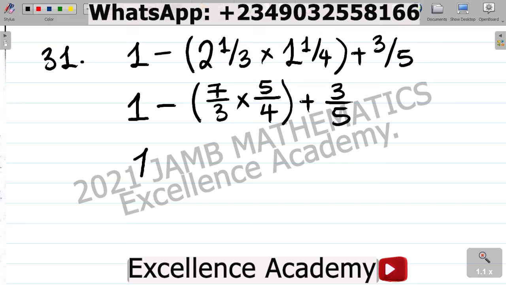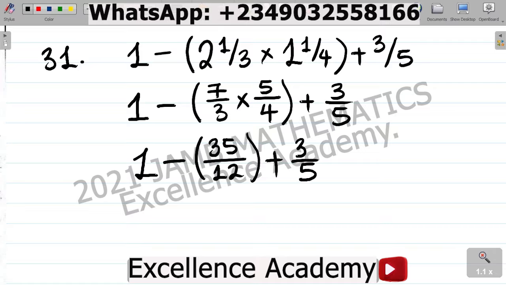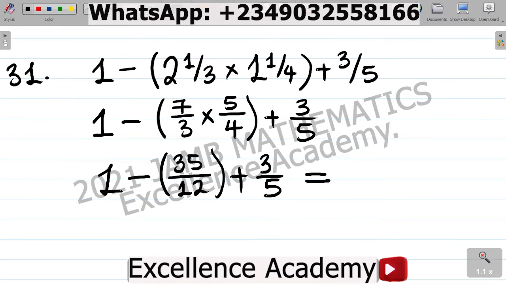Proceeding, this becomes 1 minus, multiply numerators, 7 times 5 gives you 35, all over 3 times 4, that gives you 12, plus 3 over 5. Now I'll take off the brackets.